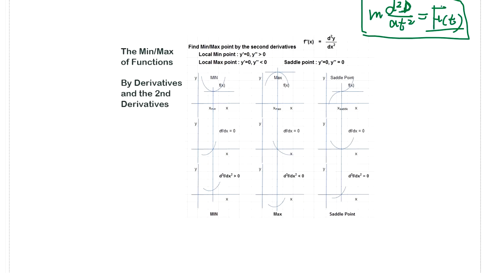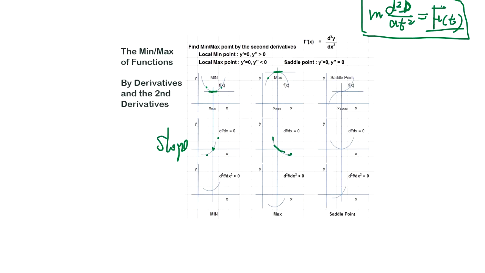Okay, and now min-max. Here's another reason why second derivatives is important. Okay, say you have a minimum point, so obviously you look at slope is negative, becomes 0, so slope is 0 must be minimum. Is that right? Maximum also slope becomes 0 because slope gets smaller and smaller, so slope function cannot tell if it's minimum or max.